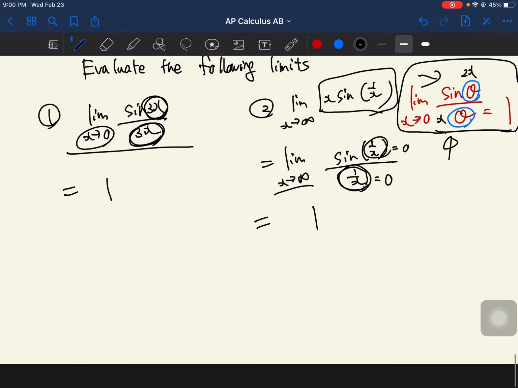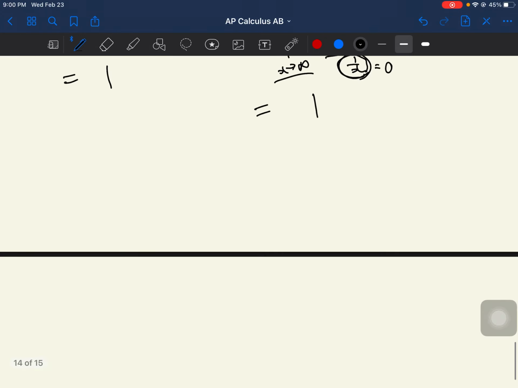Okay, then let's work on one more question here. Number 3. Limit as x approaches 0 of sine 3x over x. Like I mentioned, these have to correspond to each other. So somehow let's try to make them correspond, make them exactly the same.